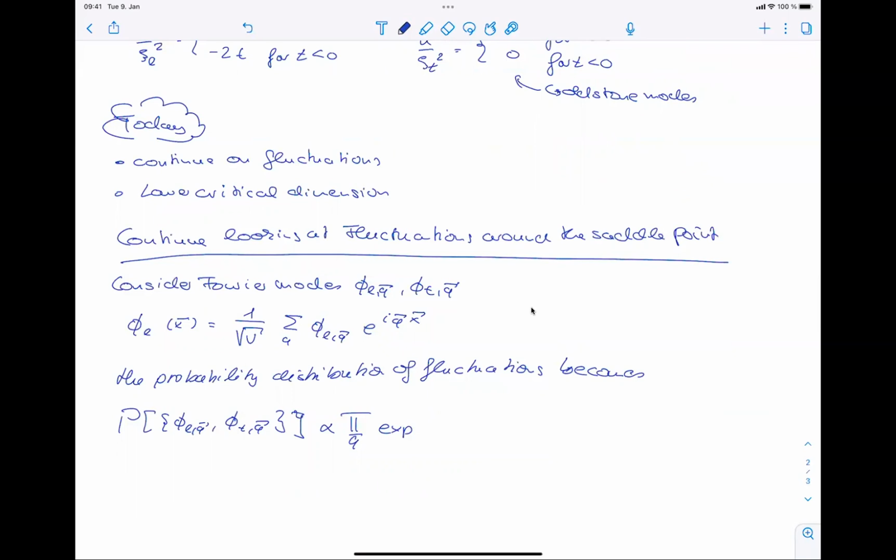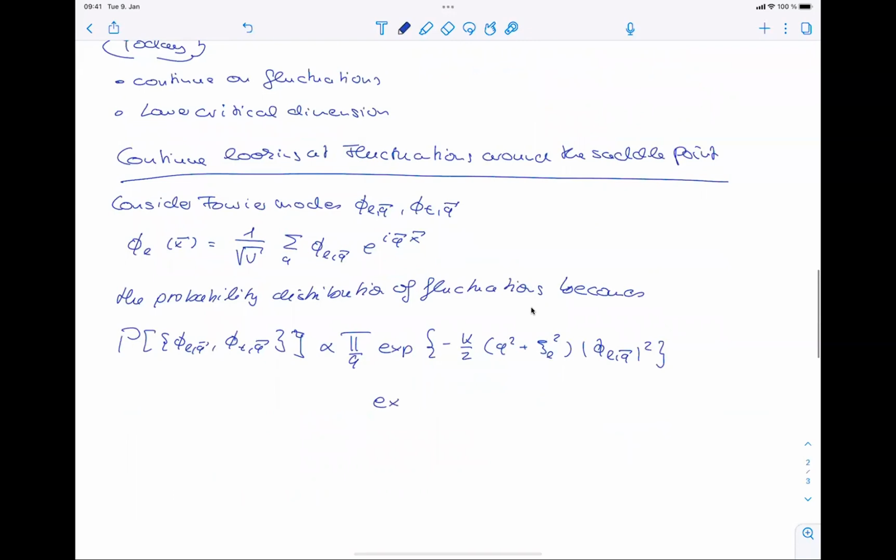And so we get k over 2, and then q squared plus psi l to the minus 2 times phi L q squared, and the same structure for the transversal modes.